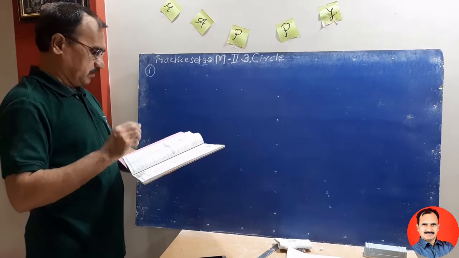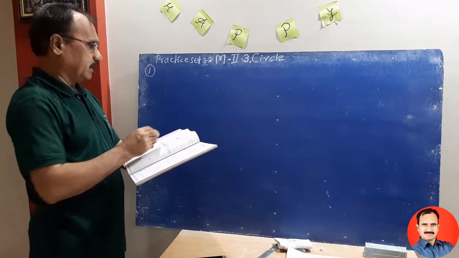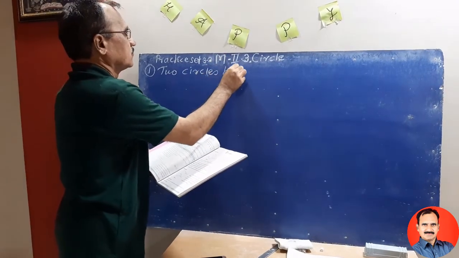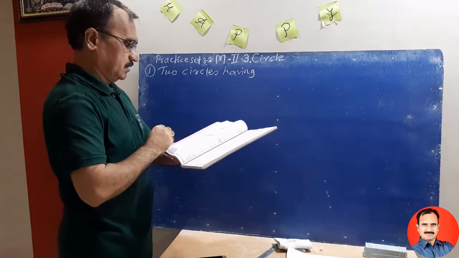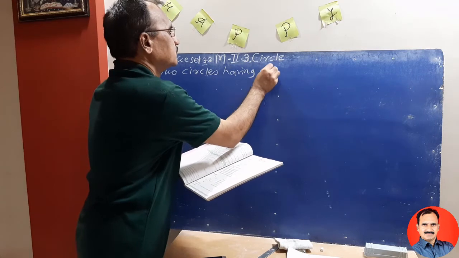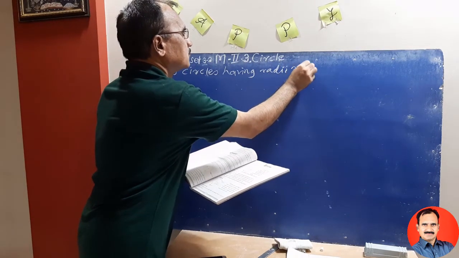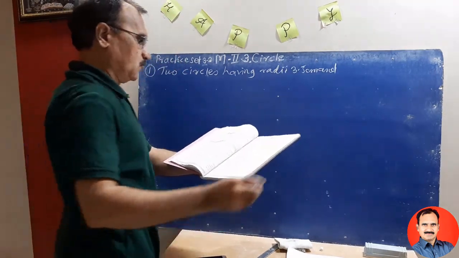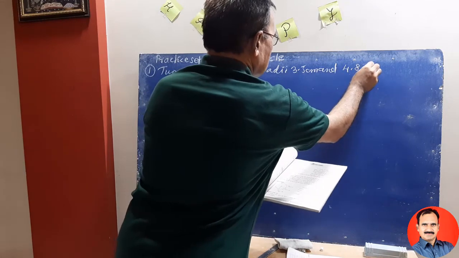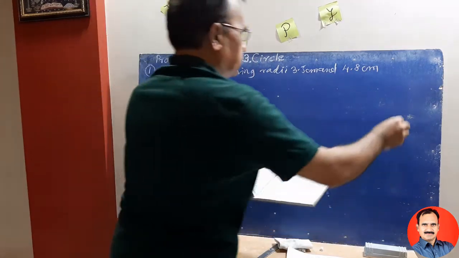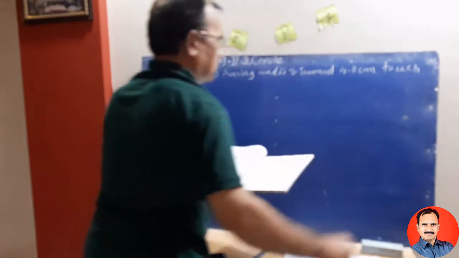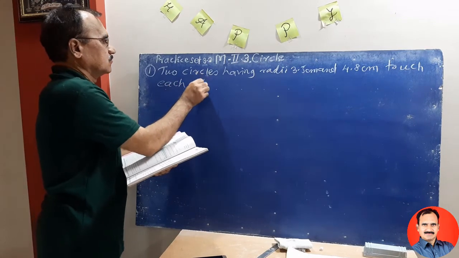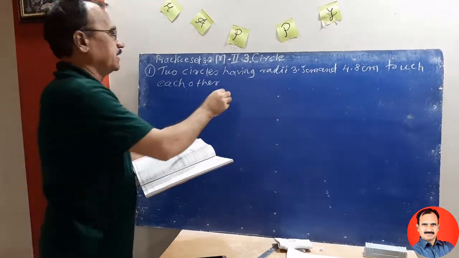First example, write it down in your notebook also. Two circles having radii 3.5 cm and 4.8 cm touch each other internally.